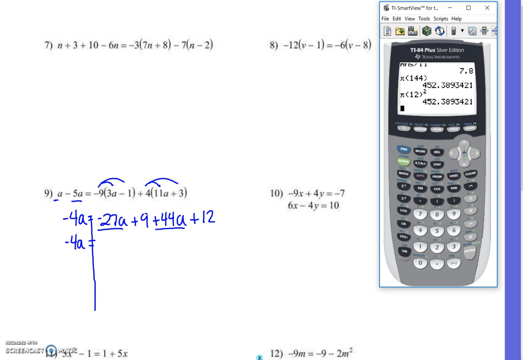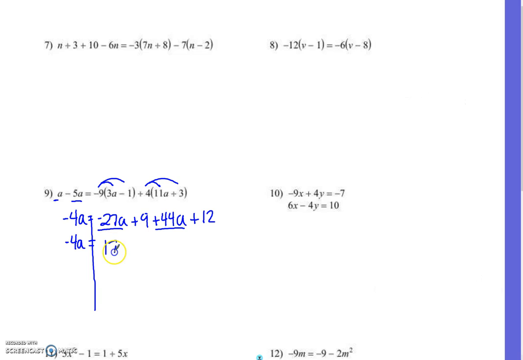You can do it in your head or in a calculator. Negative 27 plus 44, and we get a lovely 17. So 17a. And then 9 plus 12 is a positive 21. Then I'm just going to bring this guy over here. The opposite of a positive 17 is negative 17a.